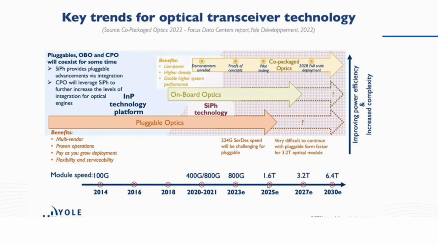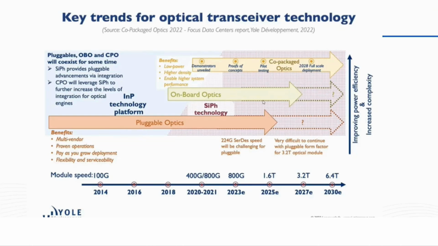We expect to achieve 1.6 terabit in this trend in 2025, but it is very difficult to increase the bandwidth because of the nature of electronics. SerDes power and electron mobility are a barrier for this technology. So for this reason, we need to go to, for instance, onboard optics.